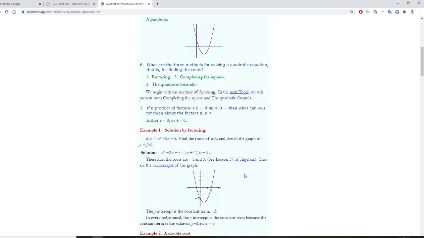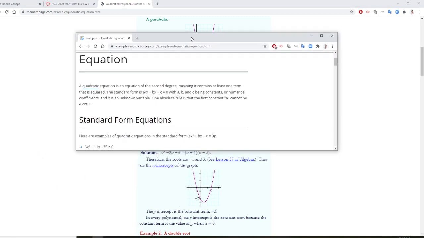So this parabola is going to intersect the x-axis at two points, x equals 3 and x equals negative 1. These are called x-intercepts.